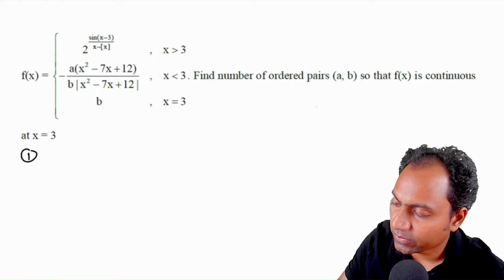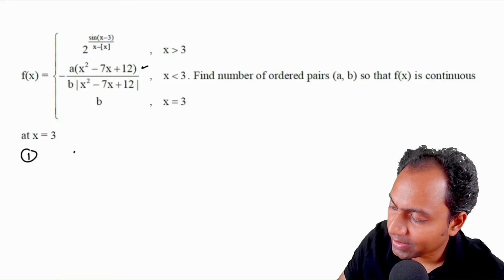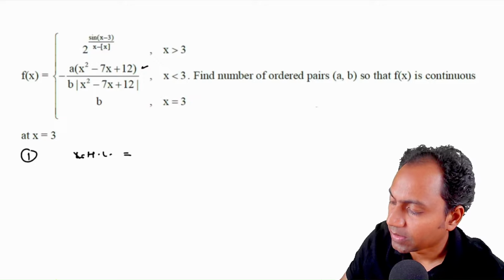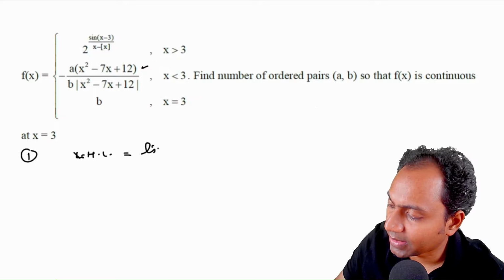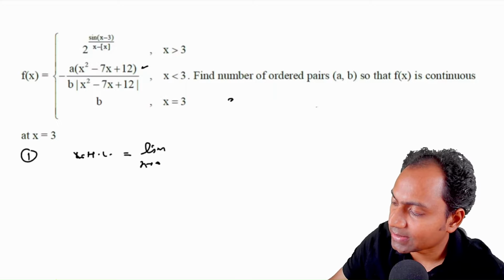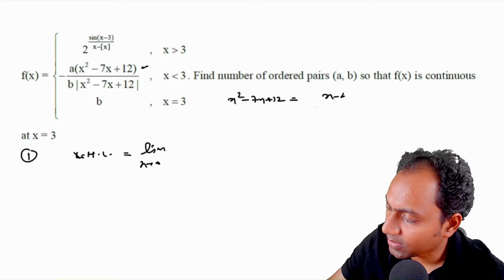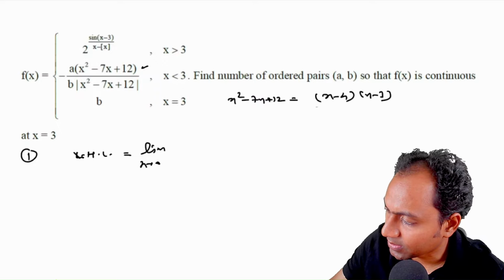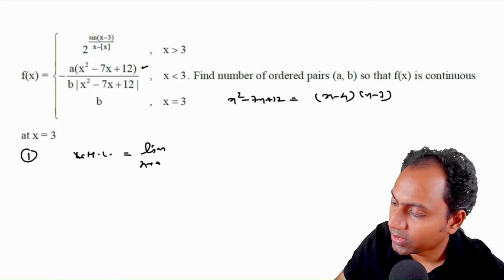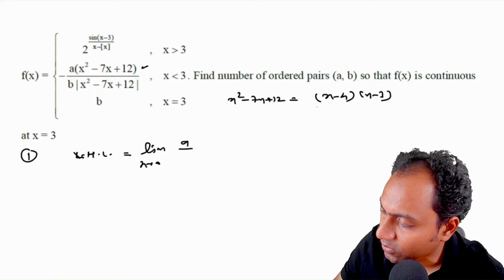So if I look into the first part, let us first simplify the middle part. So if I find my left hand limit, it would be nothing but limit h tends to 0. This x square minus 7x plus 12 can be written as nothing but x minus 4 into x minus 3. So if I put here nothing but 3 minus h, let us see what we get.